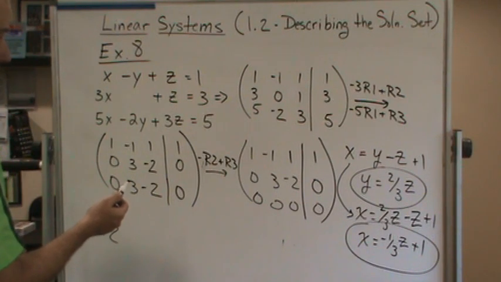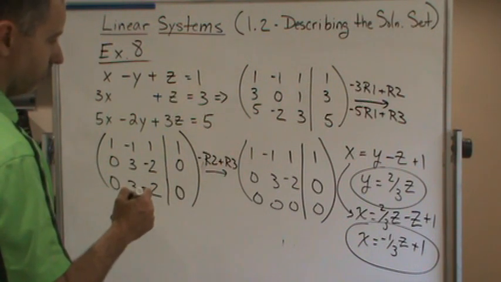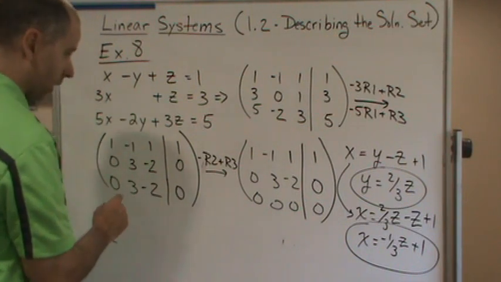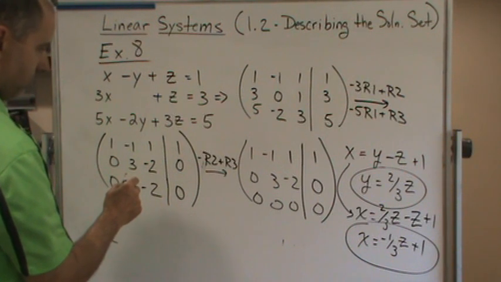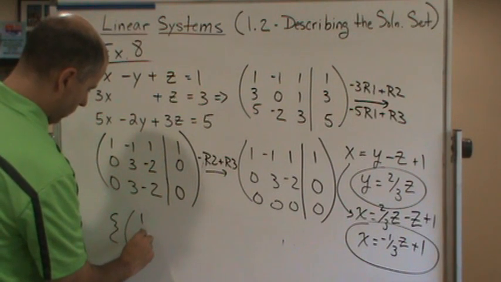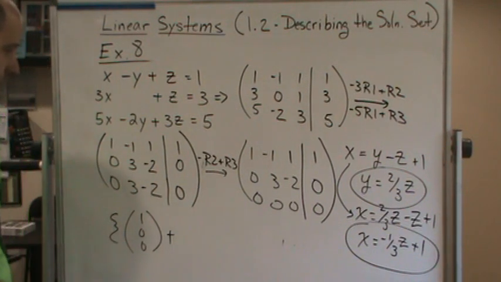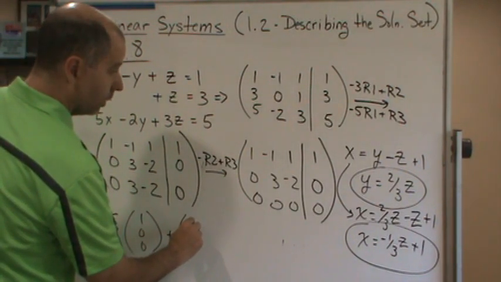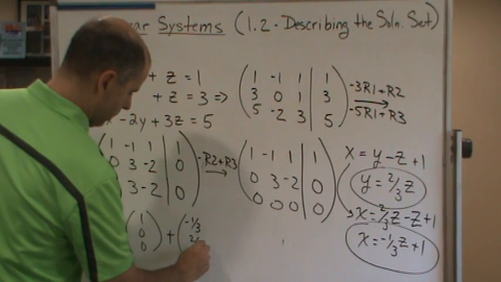Well, or excuse me, in vector form, we've got one, zero, zero plus negative 1/3, 2/3.